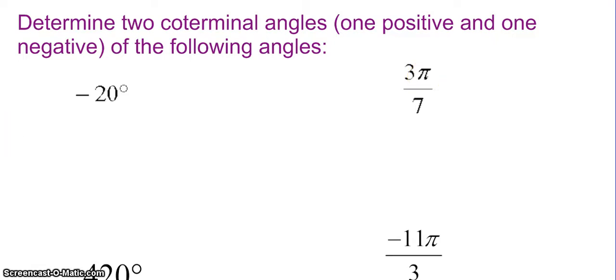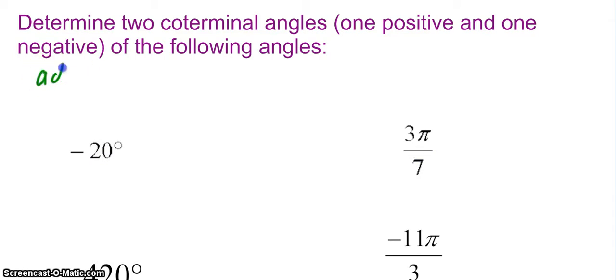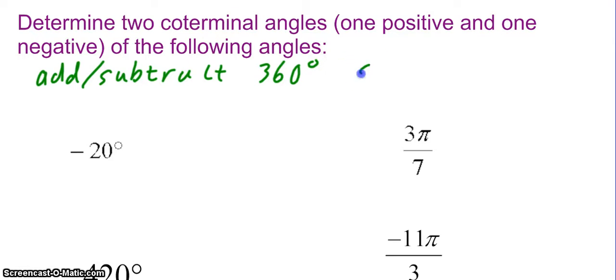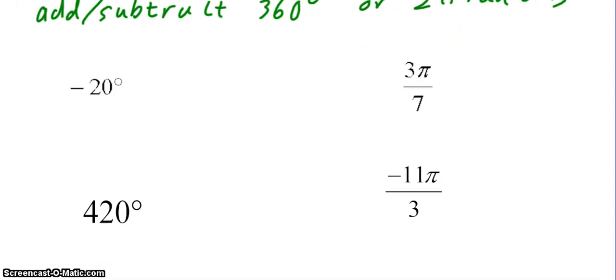So we're going to add or subtract 360 degrees or 2 pi radians.